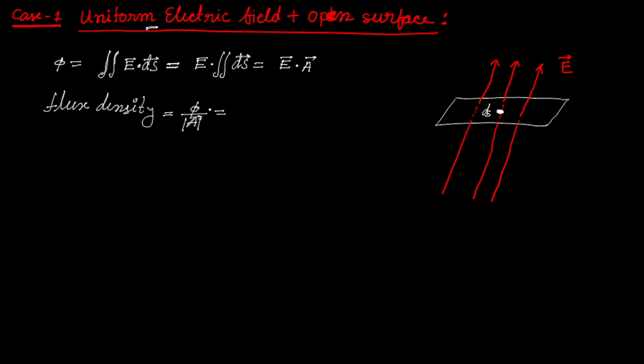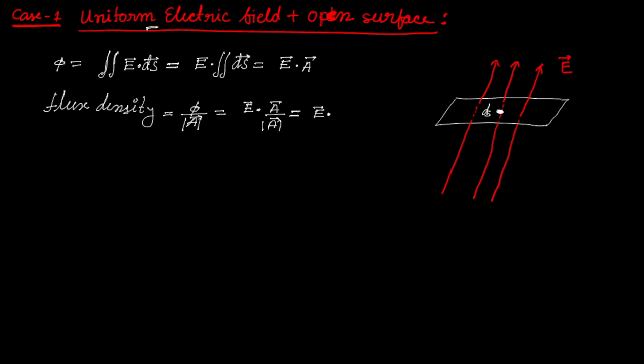So for that, we have to divide the flux by the magnitude of the area vector. When I do that, we get simply E vector dot A vector divided by the magnitude of A vector, and that gives the unit vector associated with the area vector.